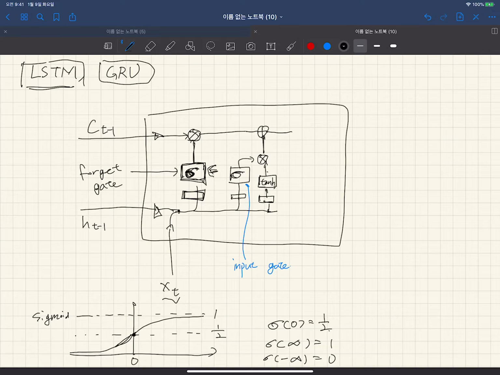And the third gate is the output gate, which is also controlled by other parameters and a sigmoid function. The name is the output gate.